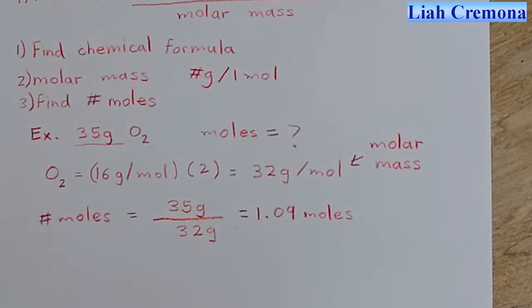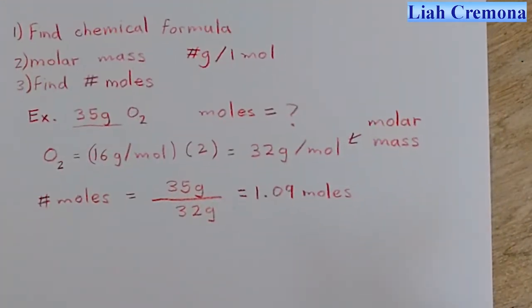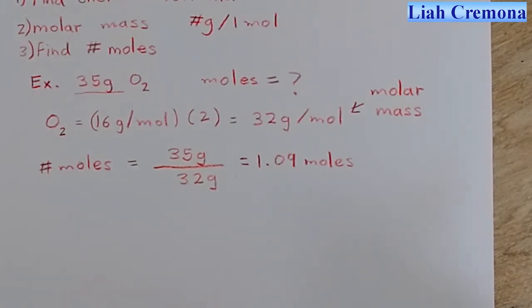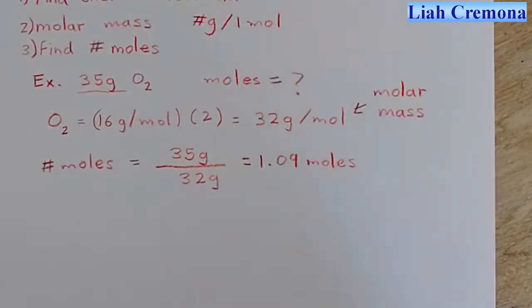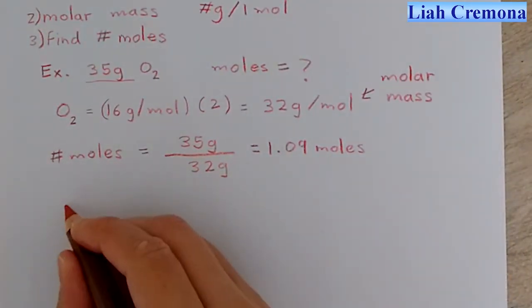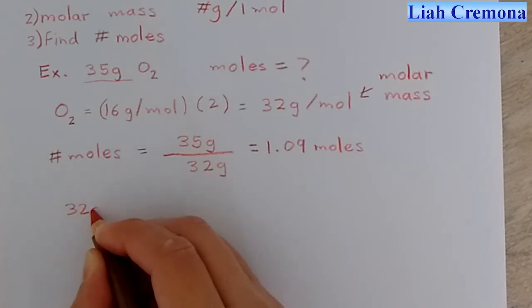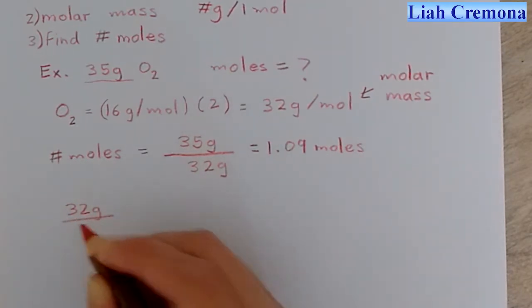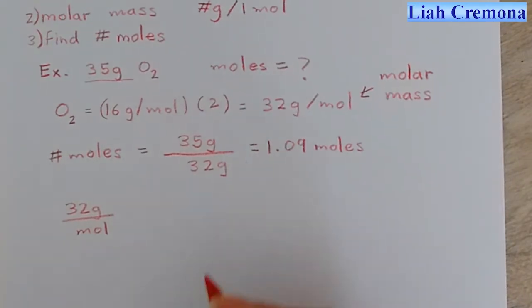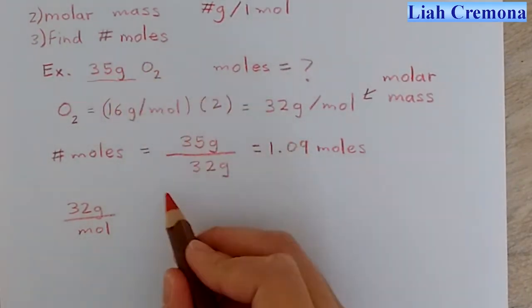We can also find this by multiplying the units and canceling out grams. The way this would work is that we have 32 grams per mole, and we also have the given amount, 35 grams.